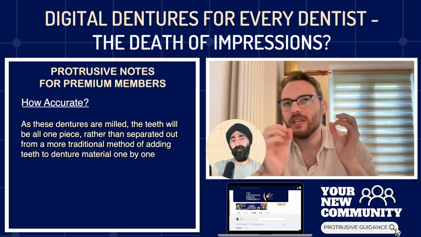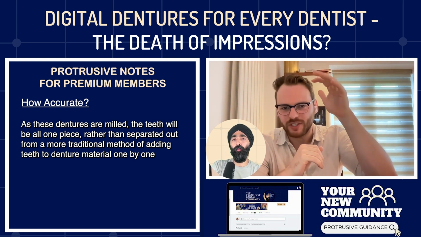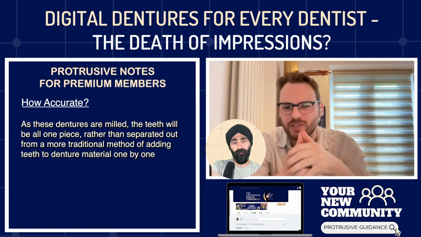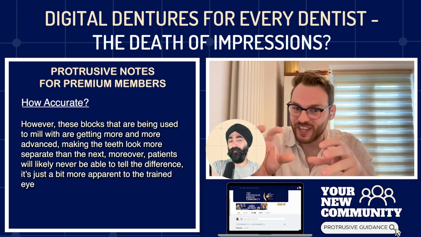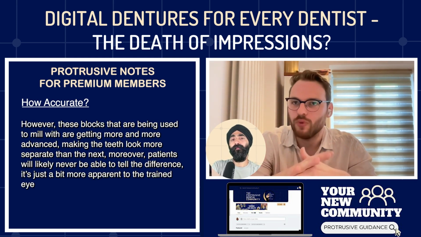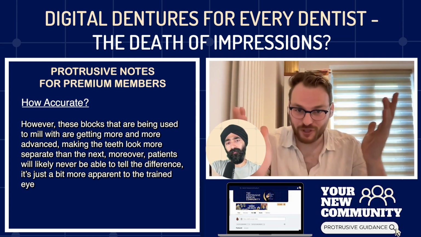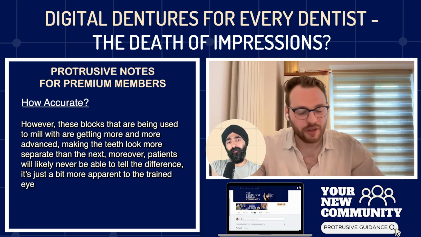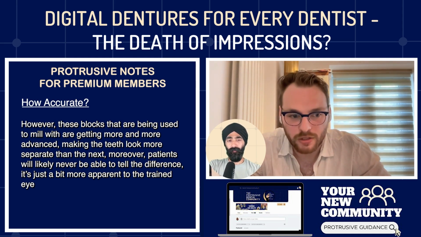The quality of the teeth at the moment isn't quite as nice. You've got those very high-end denture teeth with the layering and the translucency and things like that. That's coming within these blocks. They're getting very, very clever with the blocks. But the average person on the street is not going to tell the difference when they're done really, really nicely. And Dean's got very, very skilled at doing that.